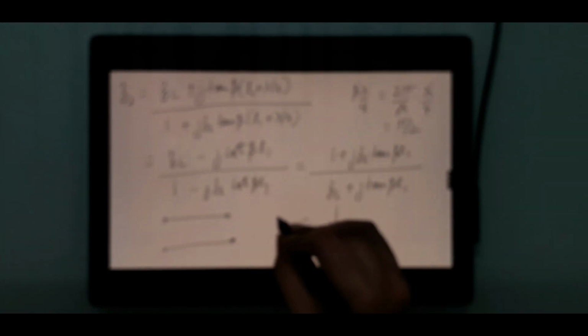Now what is the peculiar thing about Z1 and Z2? These two impedances are at 2 points on the line which are separated by a distance of lambda by 4. Let's say the load is somewhere here.